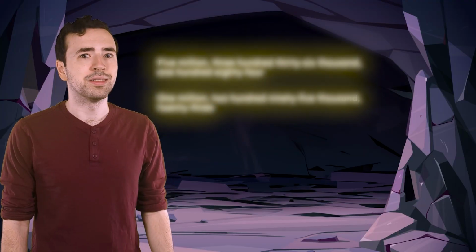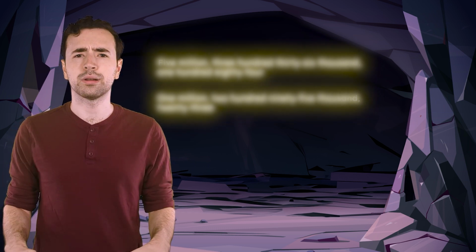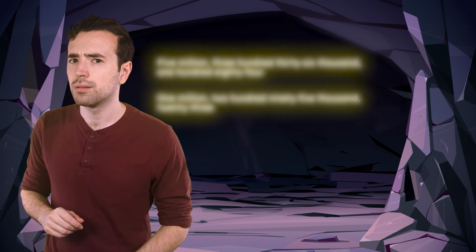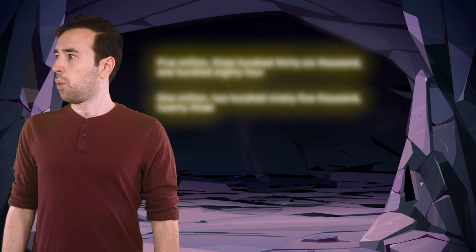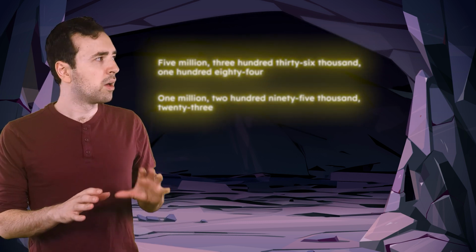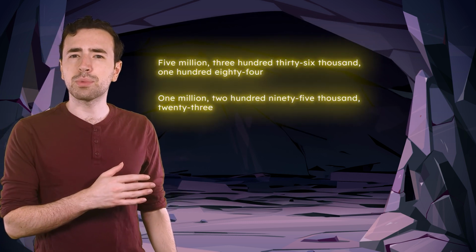Whoa, this cavern feels different. It's quieter. And do you notice anything? The walls are glowing. They aren't just glowing. They're showing us numbers. What do you notice about how these numbers are written?